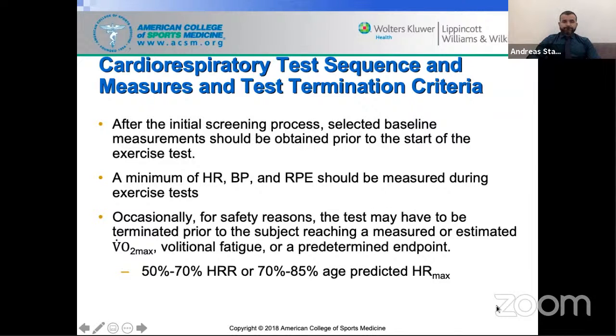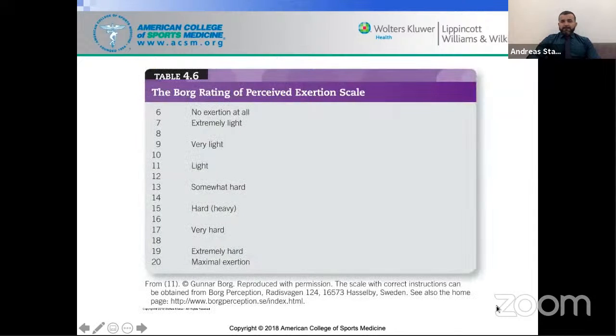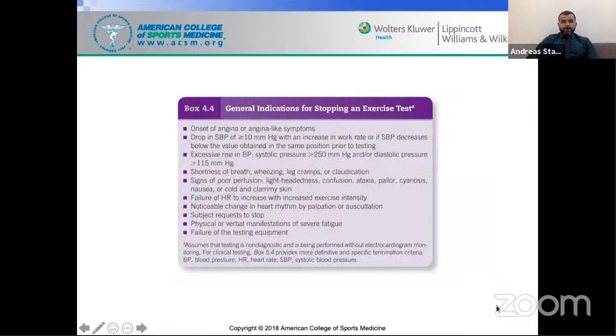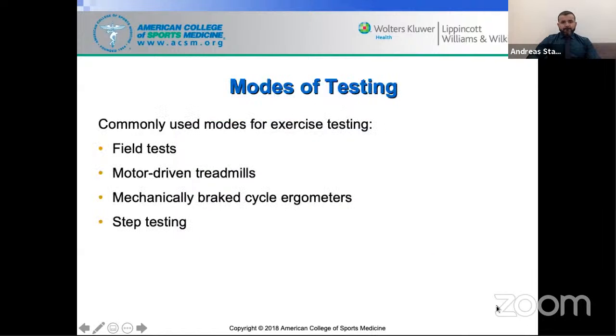Okay. The Borg scale, we can use the Borg scale, right? It's from 6 to 20, or the modified from 1 to 10, but this is the most common one. These are some general indications. You can read them by yourself, nothing that you shouldn't understand. We talked about a drop in systolic before, or too high blood pressure. That's another one.